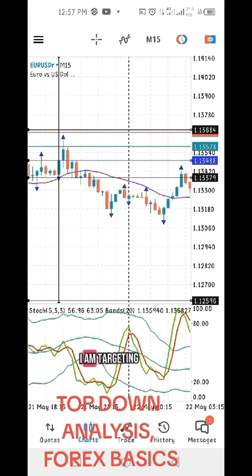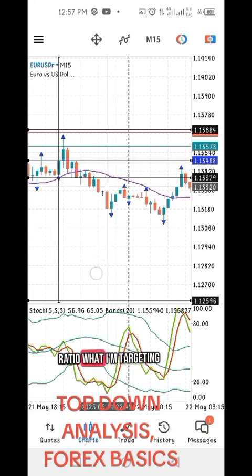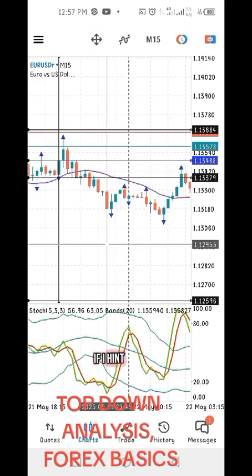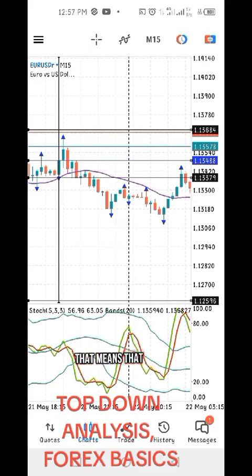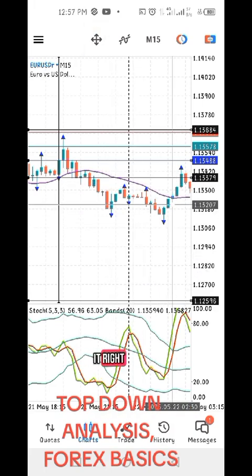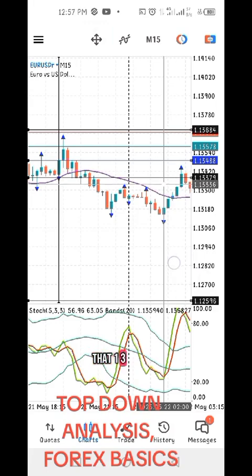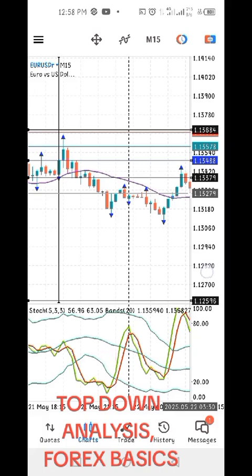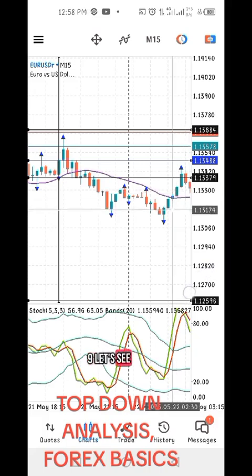Then what ratio am I targeting? I'm risking 100 pips to make 200 pips, right? If I enter at 1.13379, then I want to catch 200 pips below it, so 1.13279, then 1.13179. Can you see it?